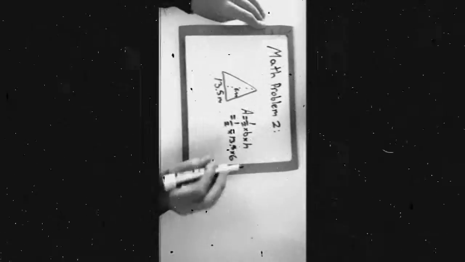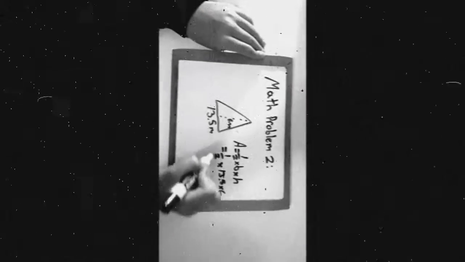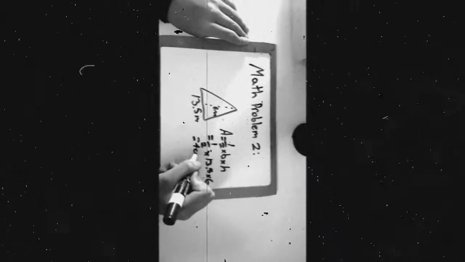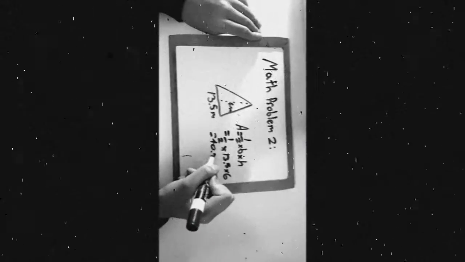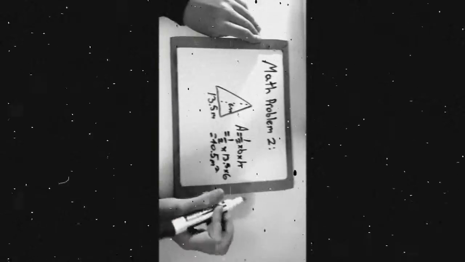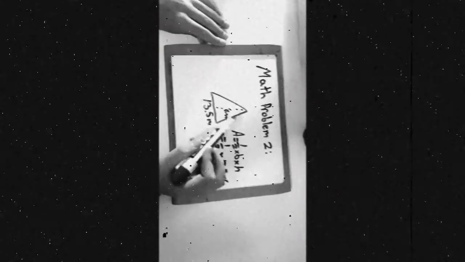Once you do that, you need to put this into your calculator, and it should equal 40.5 meters squared. Make sure you do squared because we're finding the area.